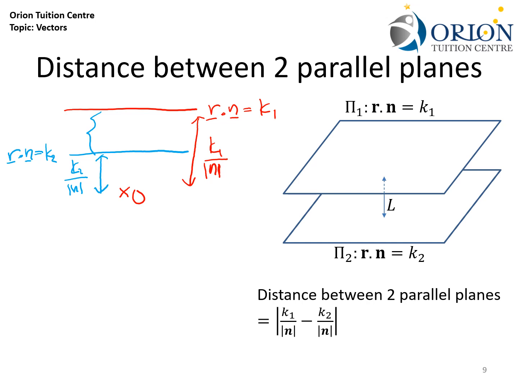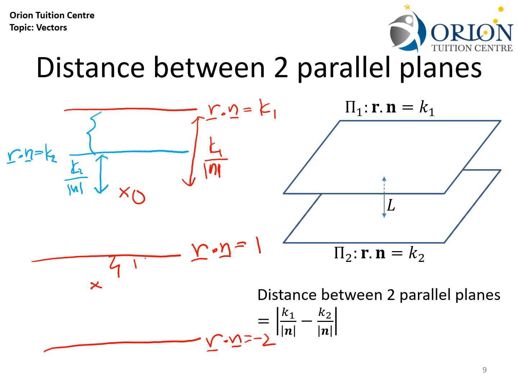For example, if we have r dot n equals 1, and we have the plane r dot n equals minus 2, we know that their distances to the origin will be 1 and 2, but they will be on opposite sides of the origin, and this distance is 1 over mod n, this distance is 2 over mod n, and therefore we can rewrite this as 1 over mod n minus negative 2 over mod n, which gives us 3 over mod n, which is still the same as the given formula.